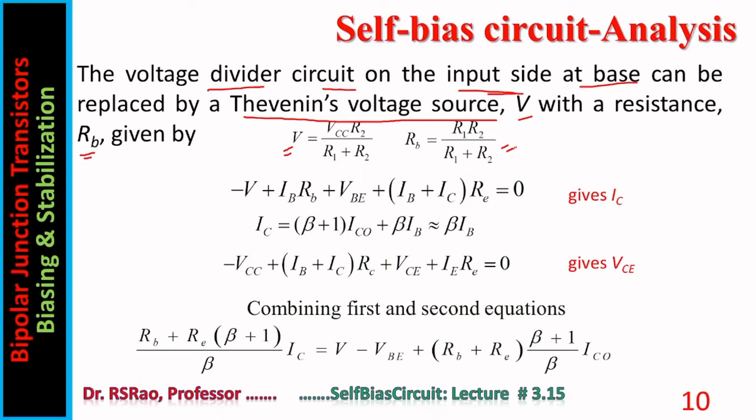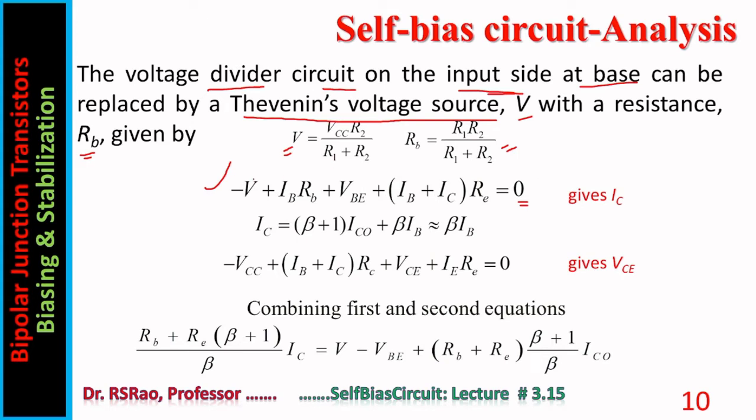After simplification on the input side, one can write KVL around the base circuit or input side circuit. It results in the equation minus V plus IB RB plus VBE plus (IB plus IC) RE equal to 0. This is KVL around the input side circuit.